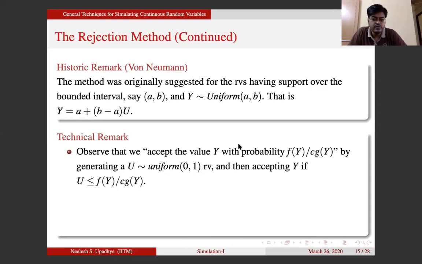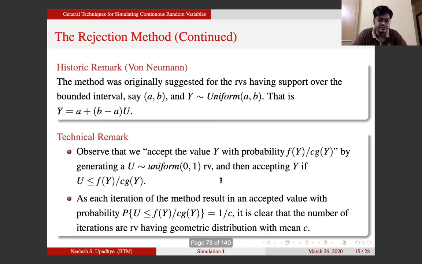So essentially what we are doing is we are accepting if U is less than or equal to f(Y) by c g(Y), and that we have assigned a number which is 1 by c.